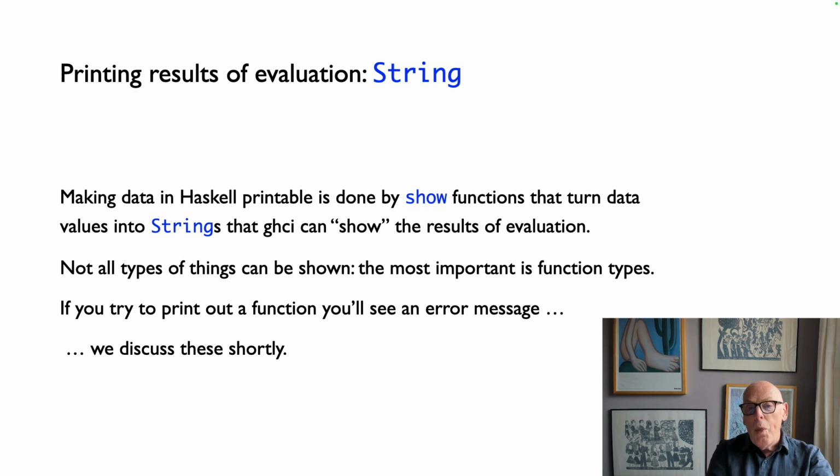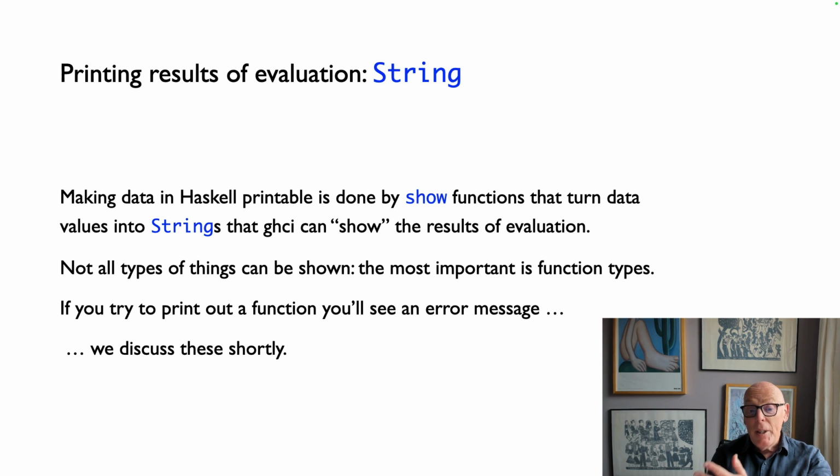Now, the main purpose for us at the moment of strings is that strings are the way that we make printable, that make readable the results of an evaluation. And the way that's done in Haskell is to use a show function. So printable data is shown by applying a show function to it to turn it into a string.